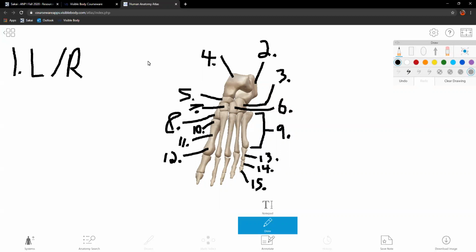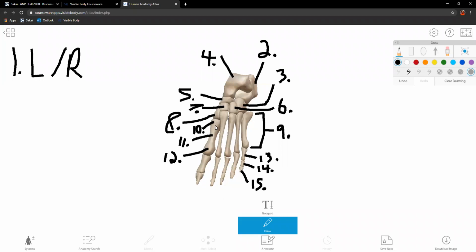All right, so let's get these answers going. So for number one, left versus right, what I look for mainly is going to be my big toe. So I'm going to find the toe that has only a proximal and distal phalanx, which we'll get to later for 13, 14, and 15. And it's going to be kind of the biggest, thickest metatarsal and kind of toe looking thing.